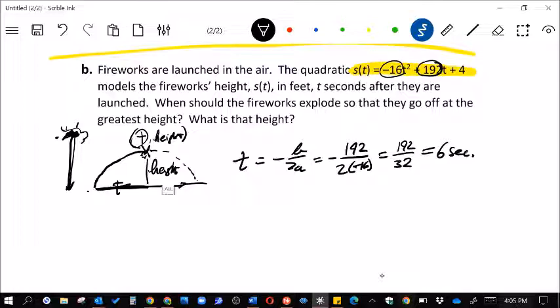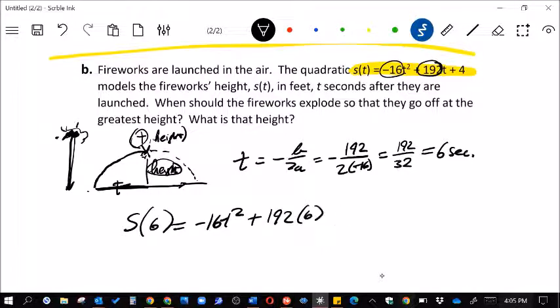We want to know the height. So the distance is S of 6 equals negative 16 t squared plus 192 times 6 plus 4. In place of the t, I meant to put the 6.